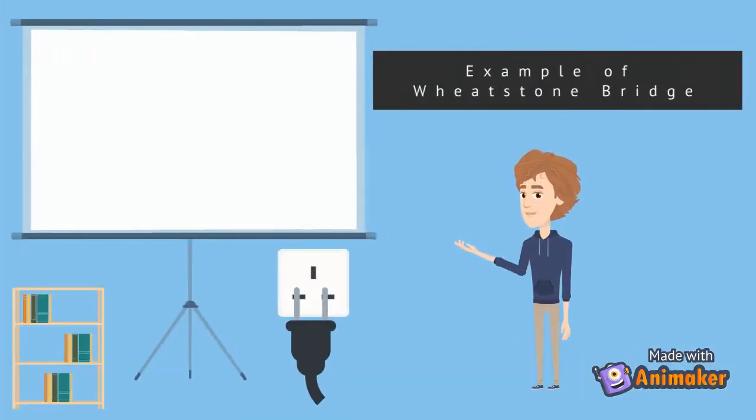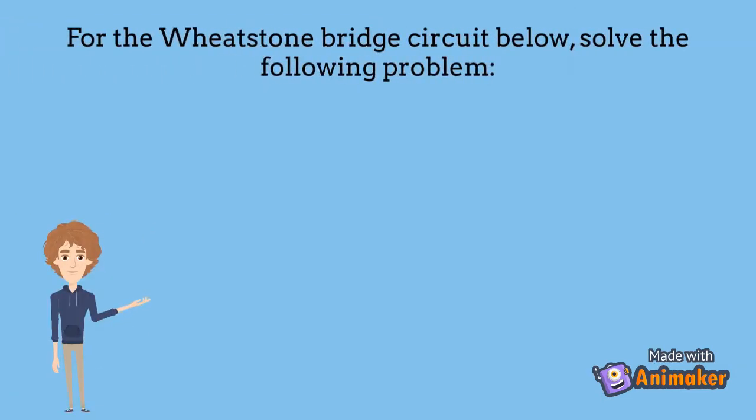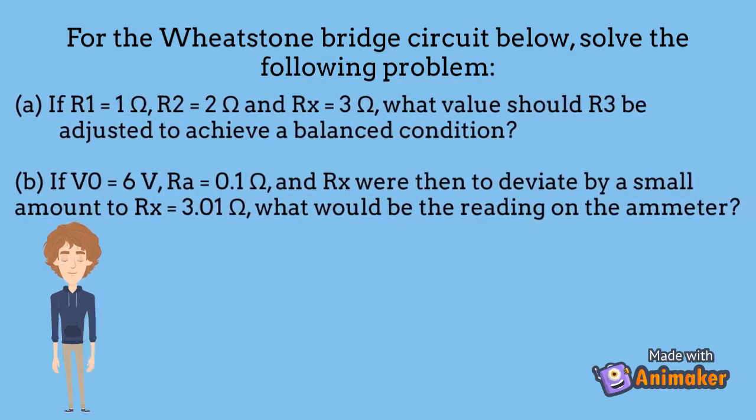Example of Wheatstone Bridge. Now we will go for the example of the Wheatstone Bridge circuit. A: If R1 equals 1 ohm, R2 equals 2 ohm, and Rx equals 3 ohm, what value should R3 be adjusted to achieve a balanced condition?